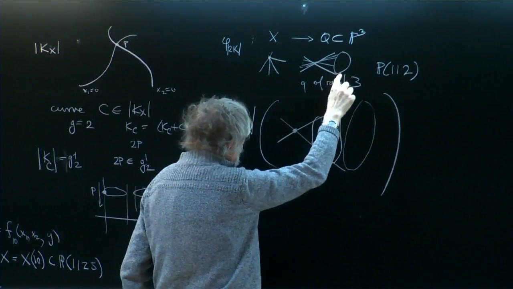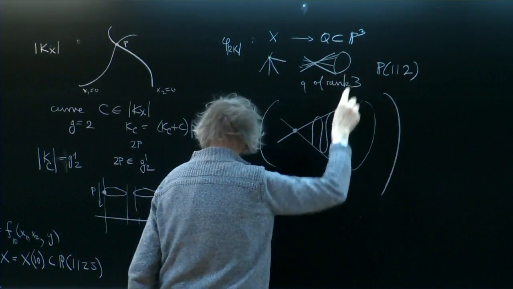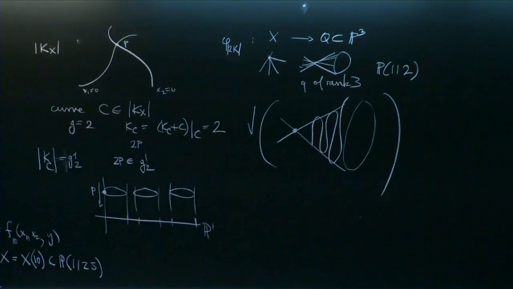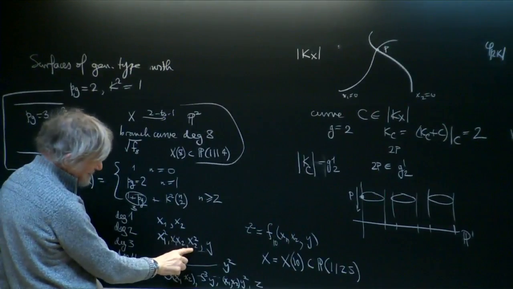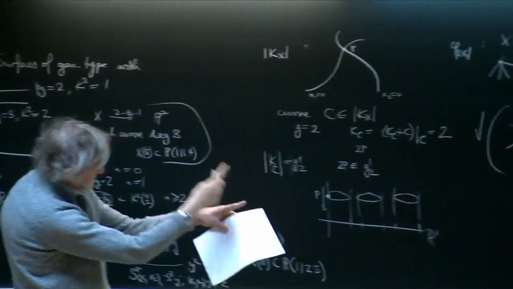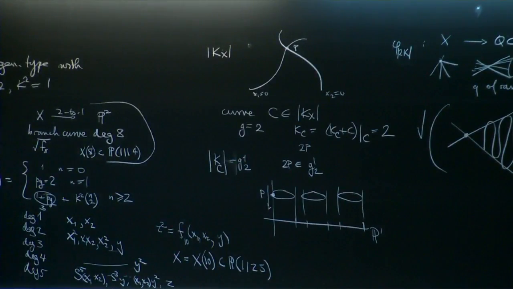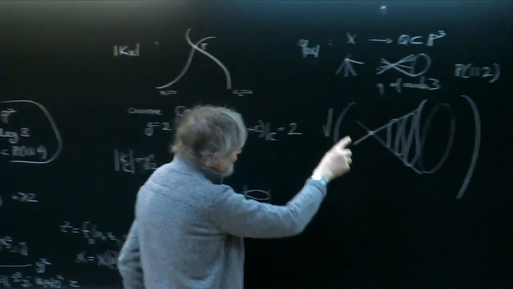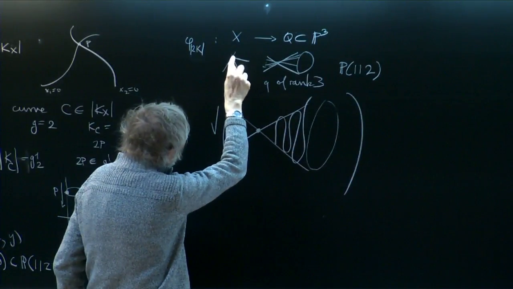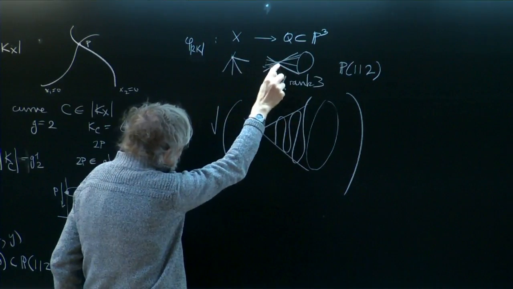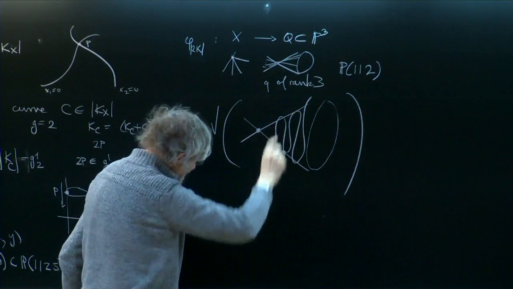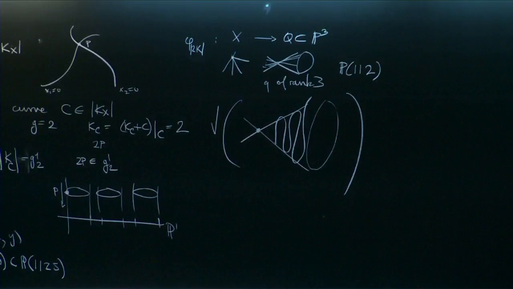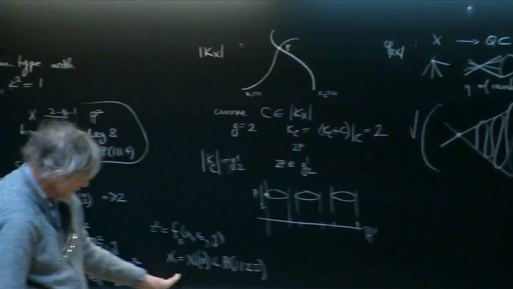This is the conic with coordinates x1 squared, x1x2, x2 squared, and then y, I'm putting it in a projective space of dimension 1 bigger. Yes, and if you do that, then you don't have to worry about blowing up the singular point and understanding what happens there. This prescription gives you everything.